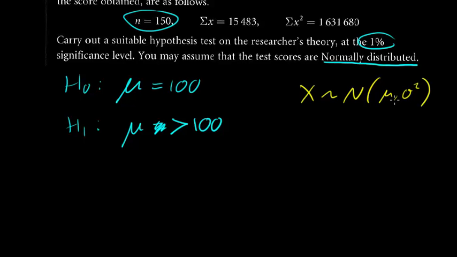However, we've got a sample here, and so we don't actually know what the population mean is, and we don't know what the population standard deviation is. So because it's the sample, I'm going to use X bar, and then sigma over square root of n. Now you can write sigma squared over n, that's fine. I just write it like that because I like the standard deviation. I've explained before in all my videos.